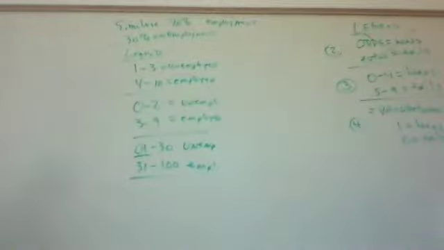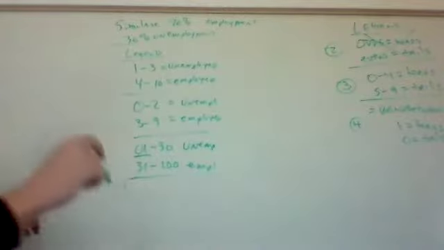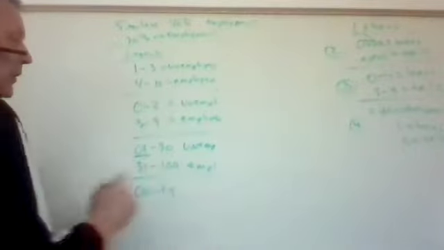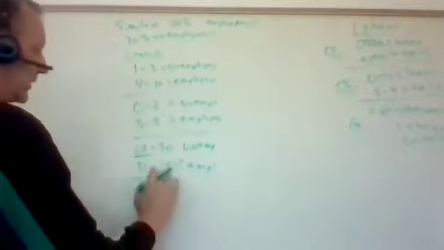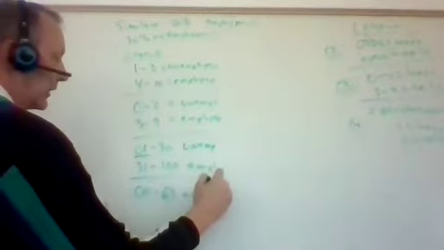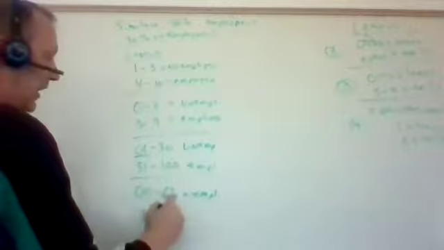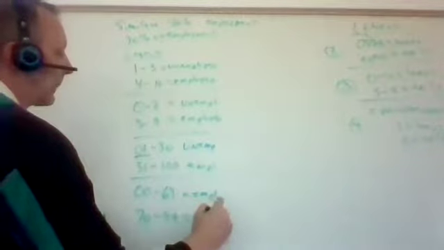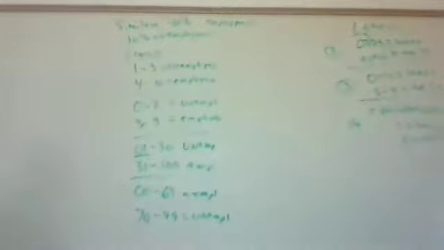So you could go 0 through 29 would be unemployed, and 30 through 99 would be employed. So once again, there are almost an infinite number of ways to do this correctly, and there are also an infinite number of ways to do it wrong. So these are lots of different examples. It does make your tests kind of interesting to correct, because there is no one way to do it.